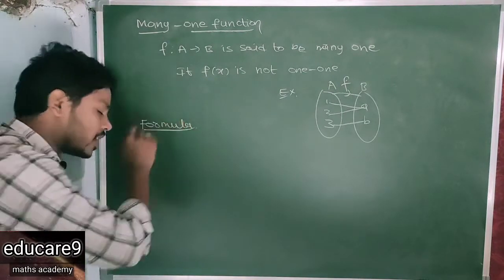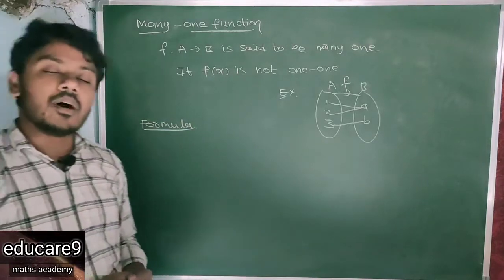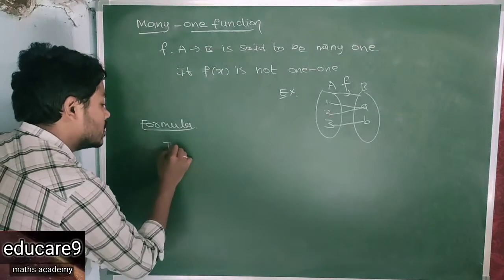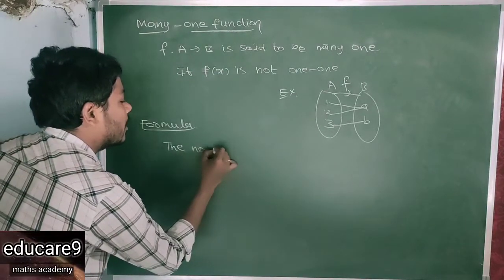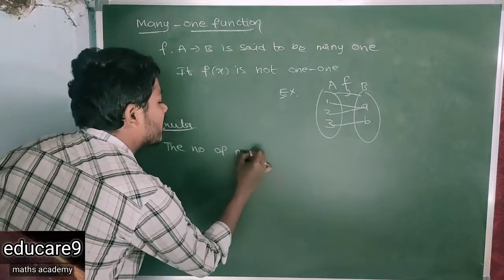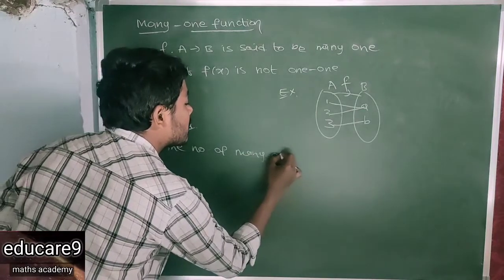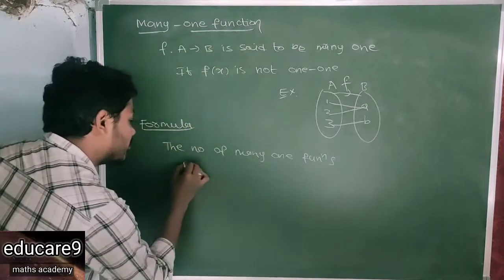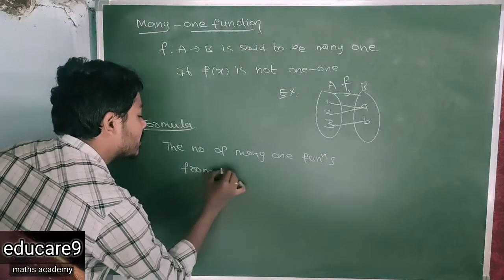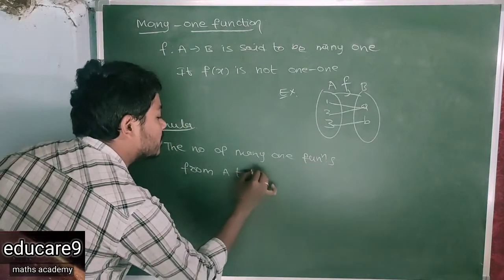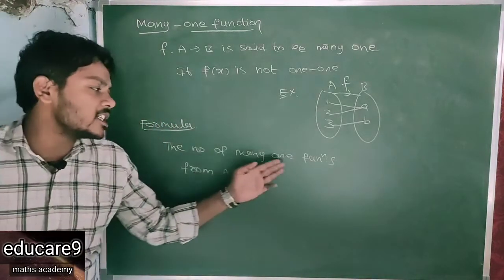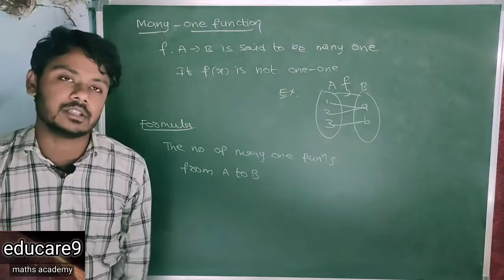So the formula for finding the number of many-one functions from A to B. See here, many-one functions means not one-one functions.